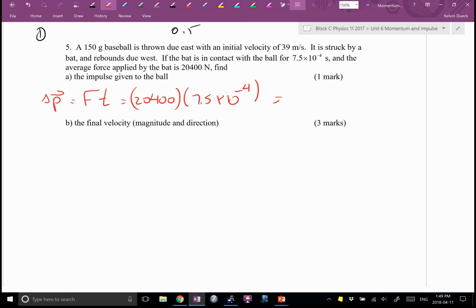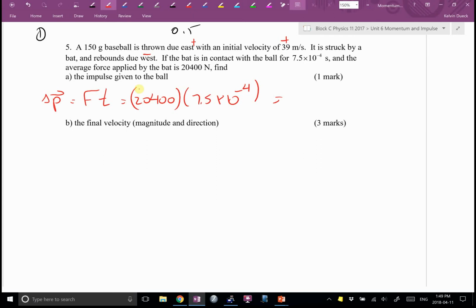So, I'll let east be positive. Rebounds do what? Negative. What direction is the force? If the baseball comes in east and heads out west, what direction must the force be?